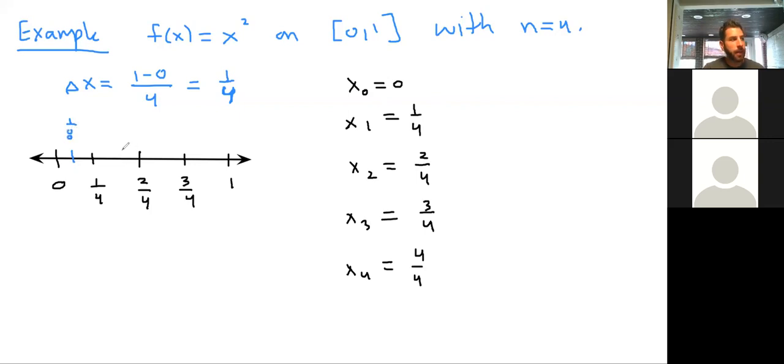You add them up and divide by 2. So you get 3/8. What's the midpoint here? You add them up, you get 5/4, divide by 2, you get 5/8. And then the next one will be 7/8. Those are my midpoints of each interval.